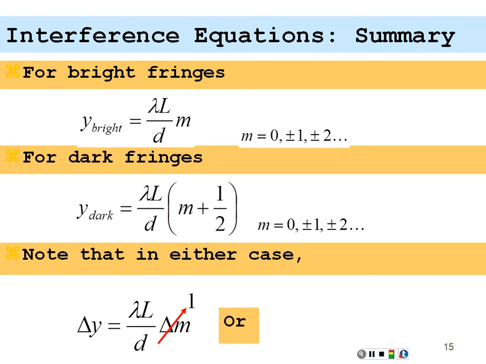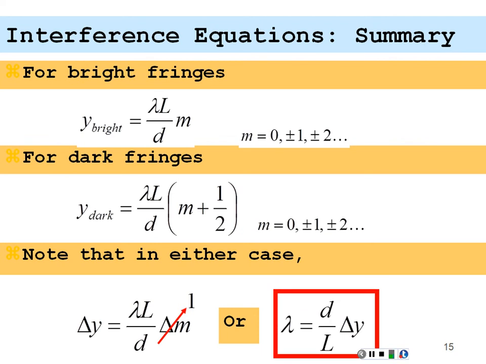Or, reversing this and solving, the wavelength of light would equal the distance between the slits, which we can determine before we start our experiment, divided by the length to the screen, which we also determine as part of our experiment, times the difference in length between two successive lines in the fringe pattern, either two successive dark fringes or two successive bright fringes. Measure that distance, we can get the wavelength of the light. How cool is that?